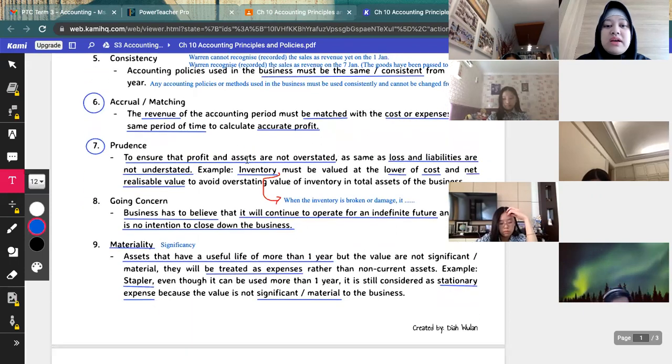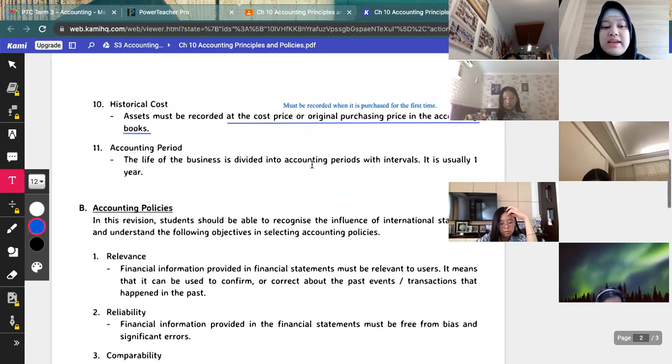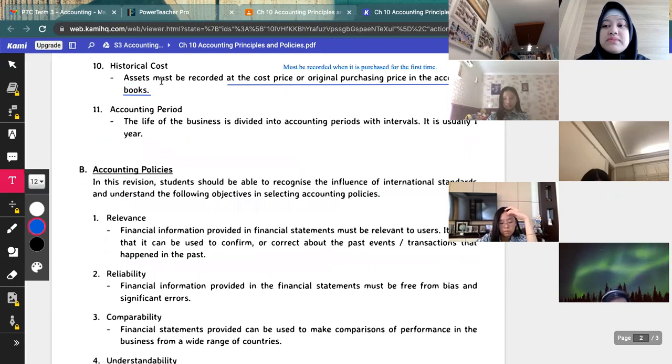We cannot overstate our assets. So that is why the assets must be recorded when you purchase it for the first time, even though the market value is bigger than that.